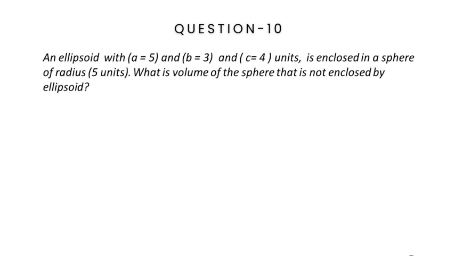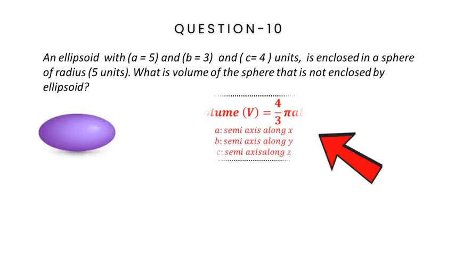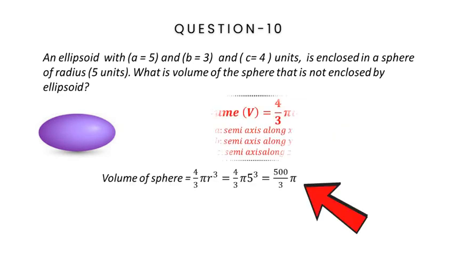The 10th question is, an ellipsoid with a equals 5, b equals 3 and c equals 4 units is enclosed in a sphere of radius 5 units. What is the volume of the sphere that is not enclosed by the ellipsoid? Volume of the sphere is 4 by 3 pi r cube, which is equal to 4 by 3 pi times 5 cube, which is equal to 500 by 3 pi.